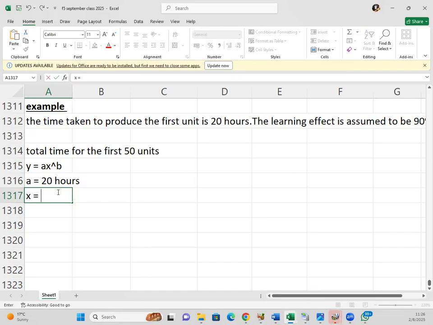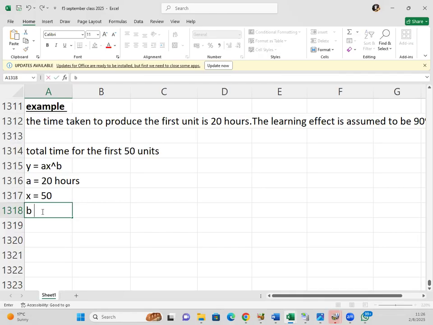In this case, we want the total time for 50 units, so our X will be 50. Firstly, we find Y, which is the average time. Then for the total, you multiply by 50.